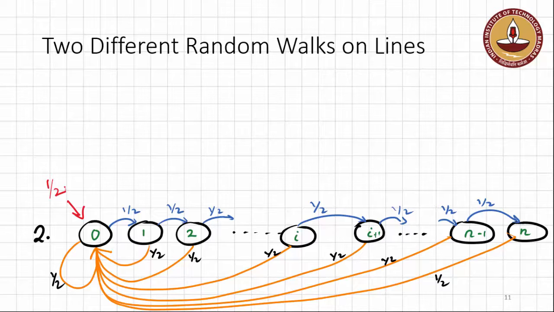Okay, and then what's the probability with which a random walk will be in this vertex? If you think about it, the only way you can get to that vertex is by being at vertex 0 and then making a transition into this vertex.